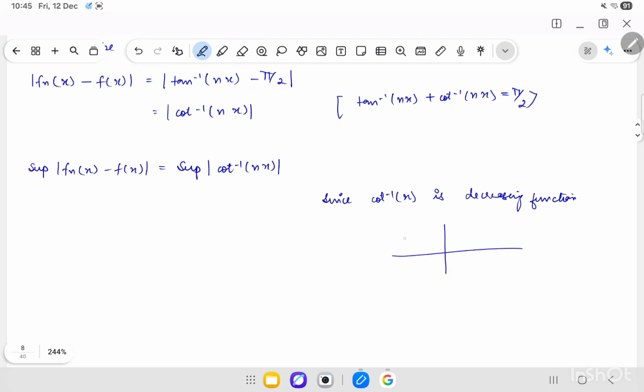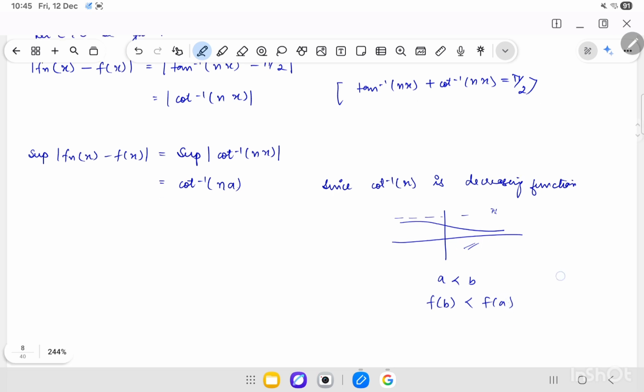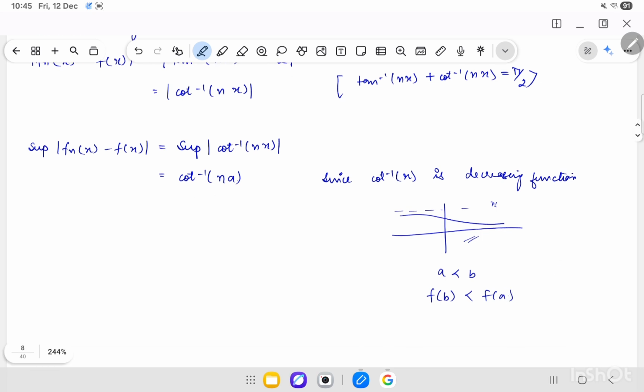If this is pi by 2, its graph is somewhat like this. So from here also you can analyze that cot inverse x is a decreasing function, so its supremum will be attained at cot inverse na, because when a is less than b, for a decreasing function f of b is less than f of a. So at x equals a, this will attain basically the absolute value.